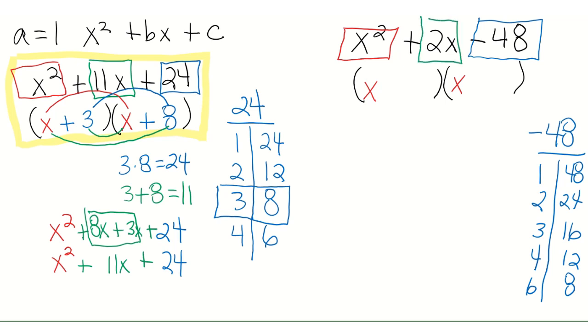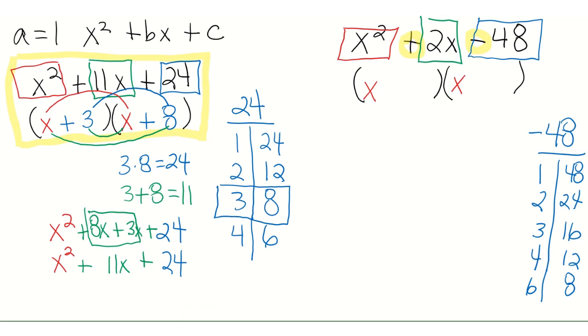Now you'll notice that because I have a plus and a negative, that means that when I'm looking at these factors, one of those is going to be negative and one of those is going to be positive. Because I have a positive b, that means that the positive number is going to be bigger than the negative.